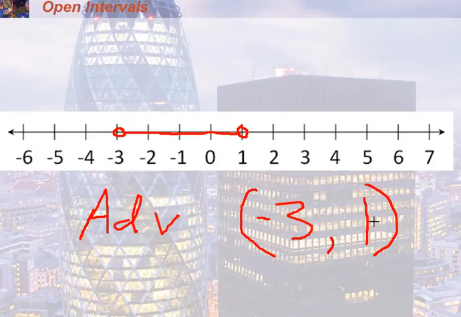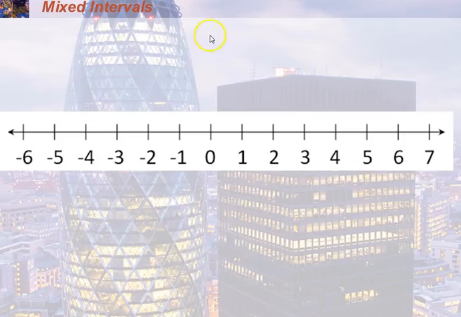All right, let's look at one more thing: a mixed interval. I'm going to draw it on here, and then you should pause the video and test yourself to see how it would look.